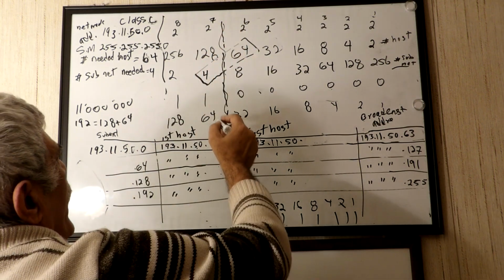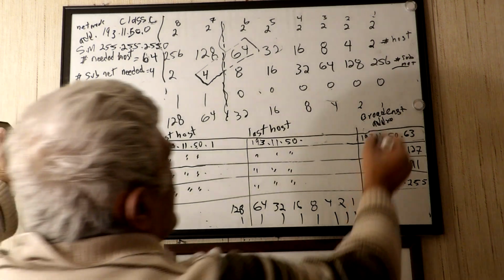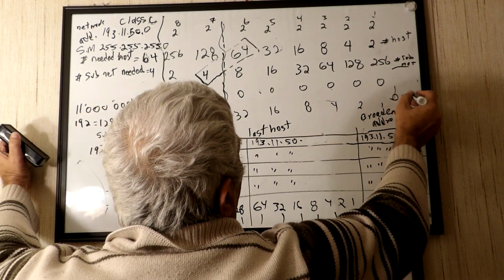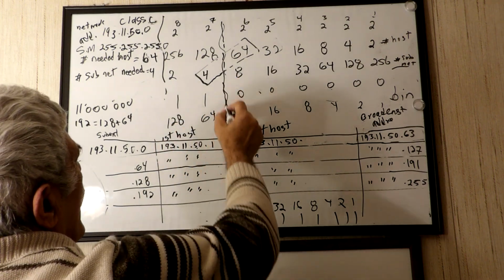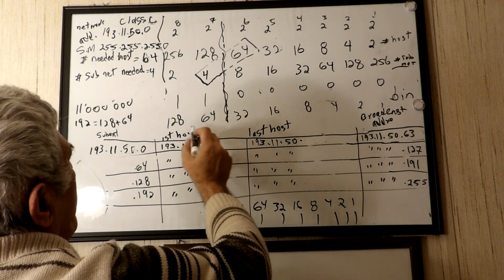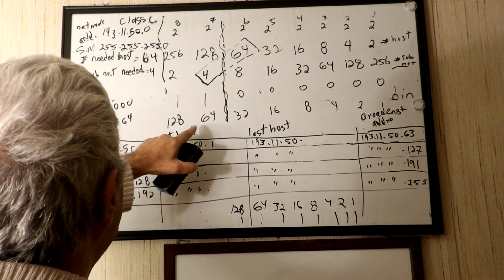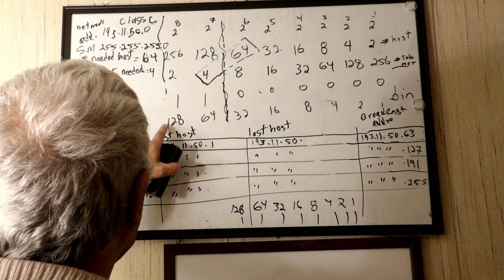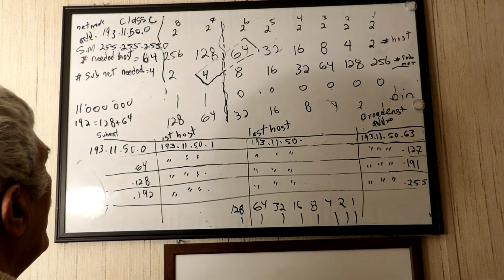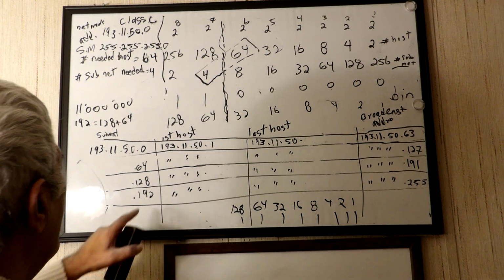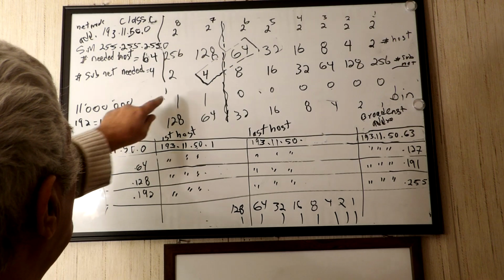In the binary part, this line shows that 128 plus 64 is going to be 192, or 2 bits borrowed.